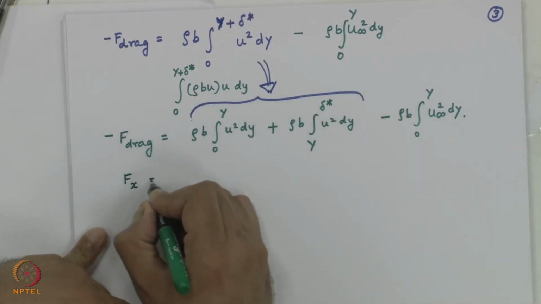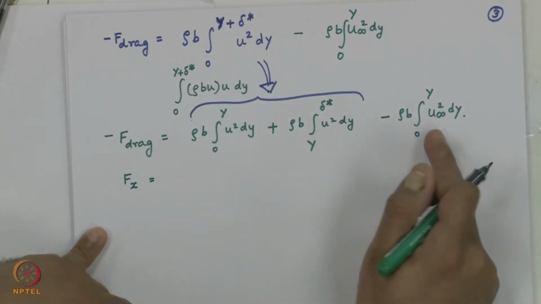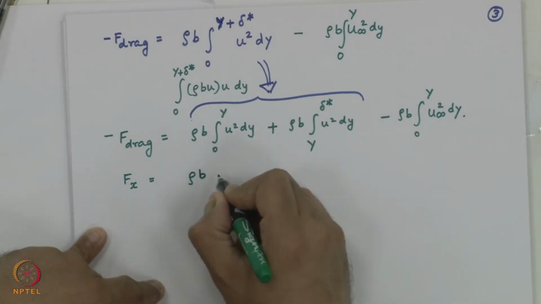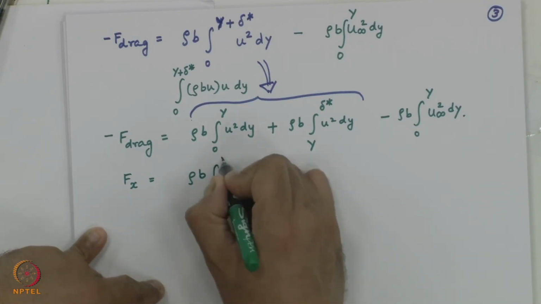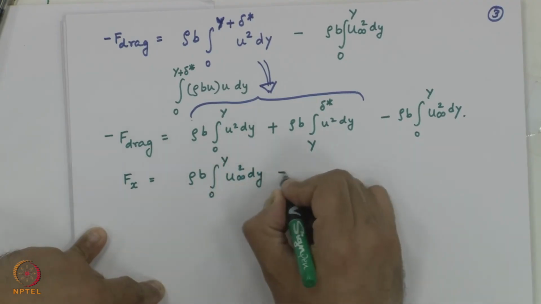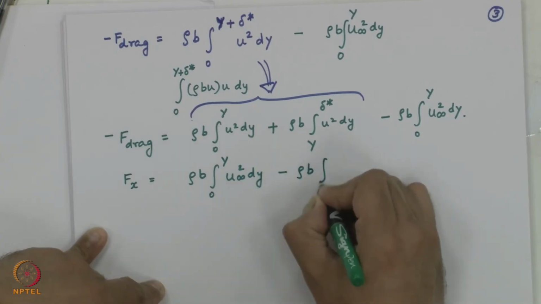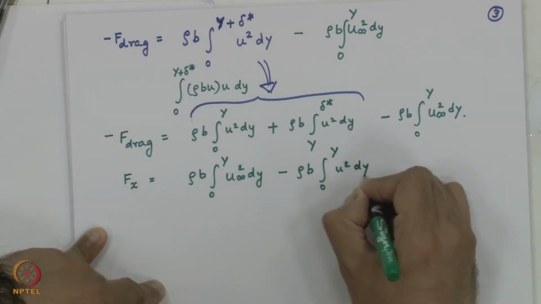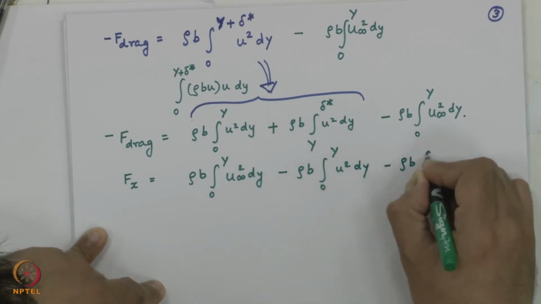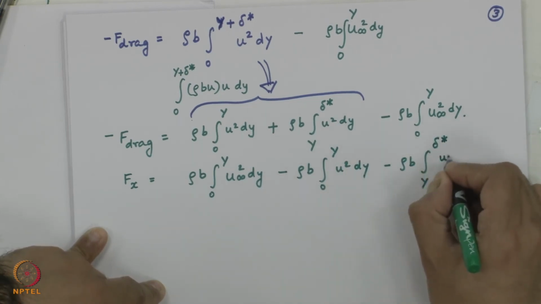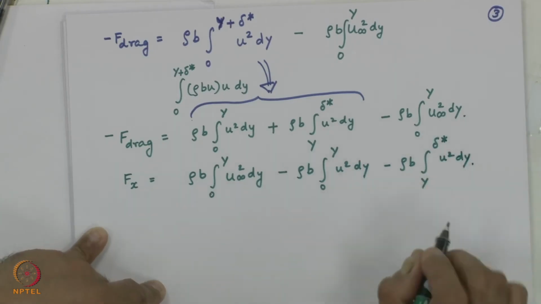So, F of x is nothing but positive rho b integral 0 to capital Y u infinity squared dy minus rho b integral 0 to Y of local u squared dy minus the integral from capital Y to Y plus delta star of u squared dy.